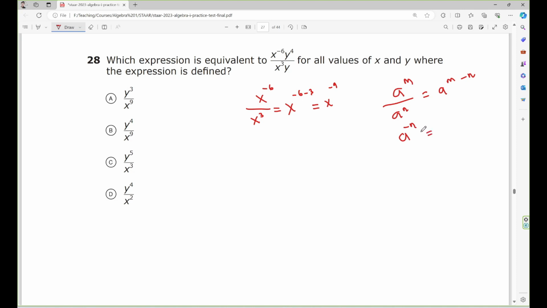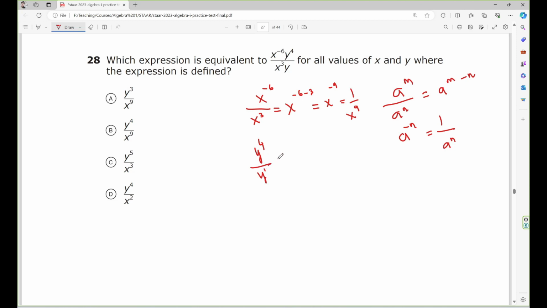If you want to make the exponent become positive, you just flip it: 1 over a to the n. So this one becomes 1 over s to the 9. Next one, y to the 4 over y.